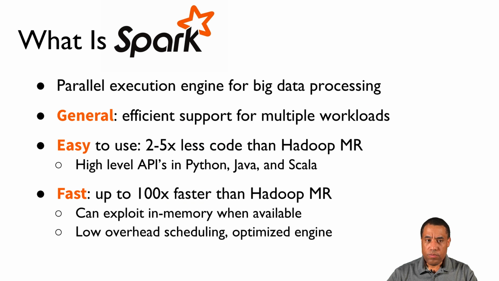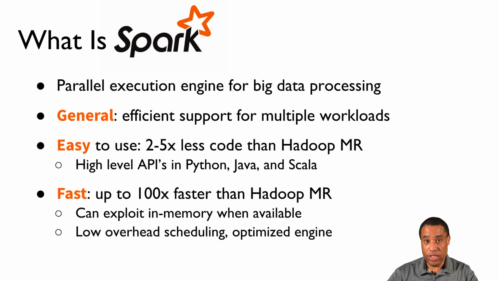So, what is Spark? At a high level, Spark is a parallel execution engine for big data processing. It's very efficient and supports multiple sets of workloads. For example, the traditional batch workloads we see in Hadoop, and it also supports interactive workloads and streaming workloads. It's really easy to use. You have a fraction of the code that you would write for MapReduce, and it has high-level APIs in R, Python, Java, and Scala.